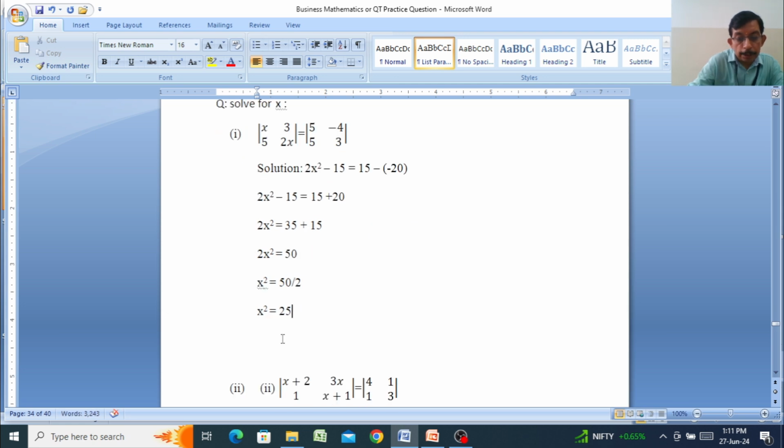The value of x, then x is equal to plus minus 5. Is it clear?